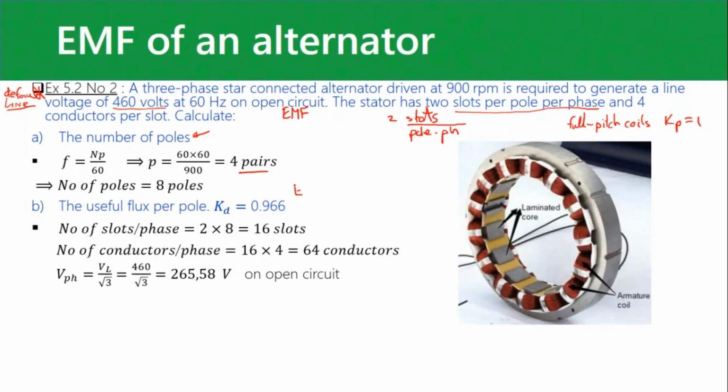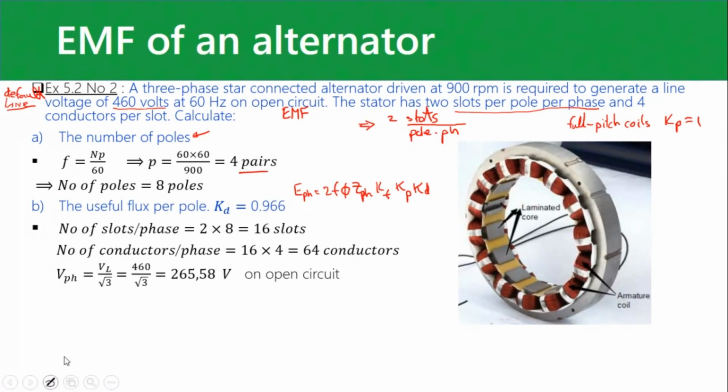All right. So we're going to use our EMF equation. E phase equals frequency times the flux per pole, number of conductors per phase, KF, KP, KD. It's a mouthful. But let me just take a step back.